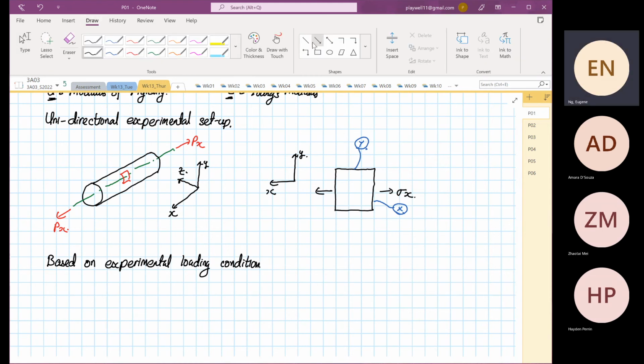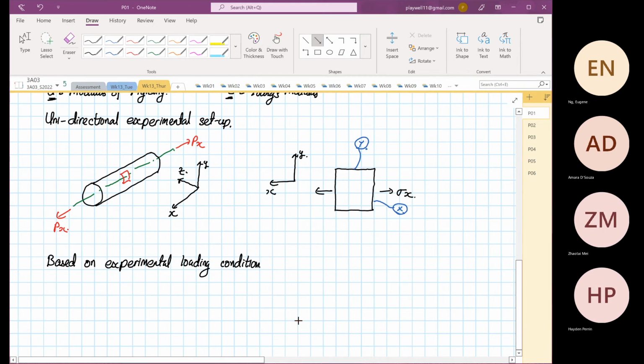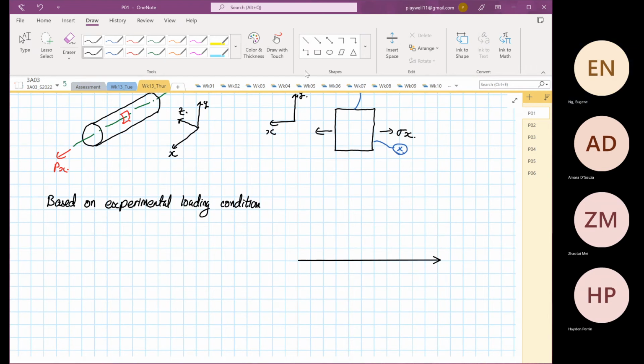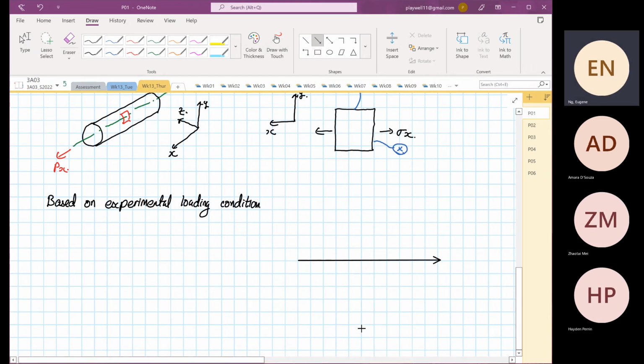So if we were to construct Mohr's circle, this is our normal stress, and then we have our shearing stress, with element rotate clockwise, element rotate anti-clockwise.